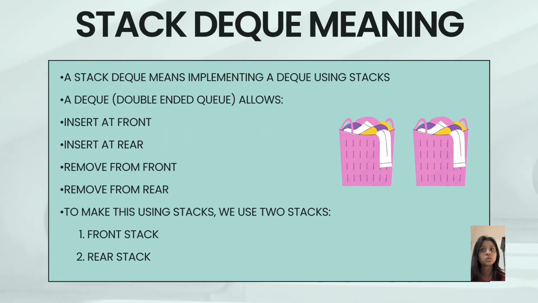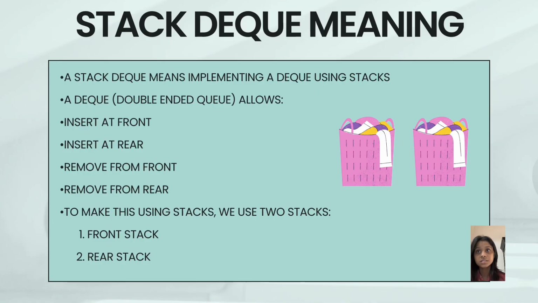So moving on to our main topic in our algorithm series, what is StackDeque? StackDeque means implementing a deck using two stacks. In our implementation, we will use one stack for front side elements and one stack for rear side elements.